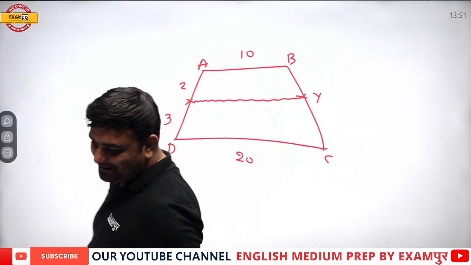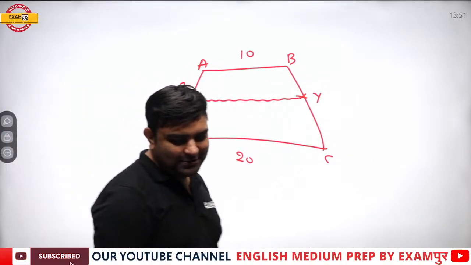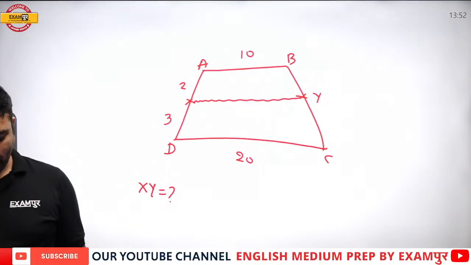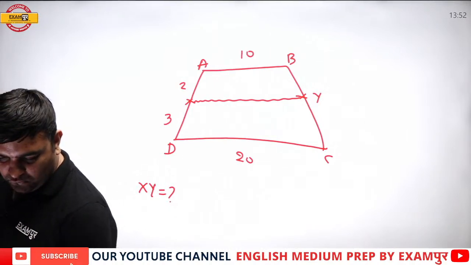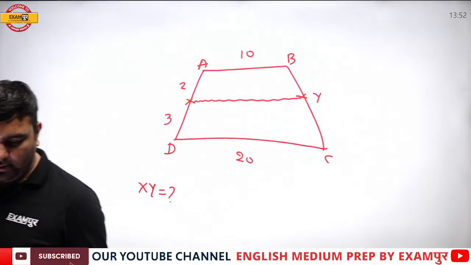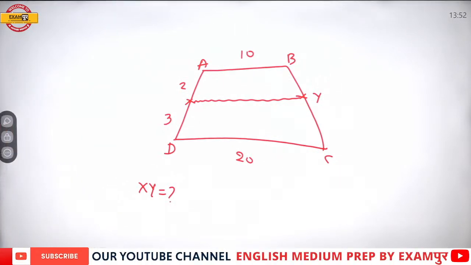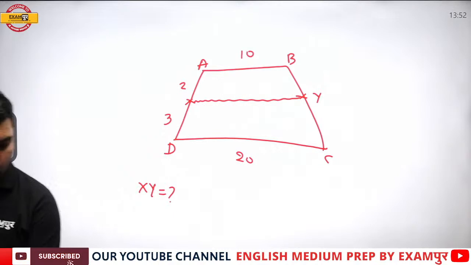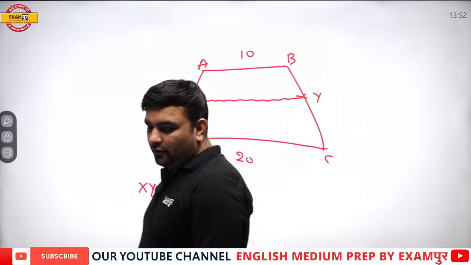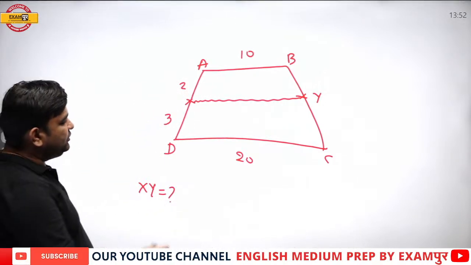Yeah, Harshit, I was coming to that point. XY is a line parallel to DC. Weighted average. You have learned the weighted average with me?